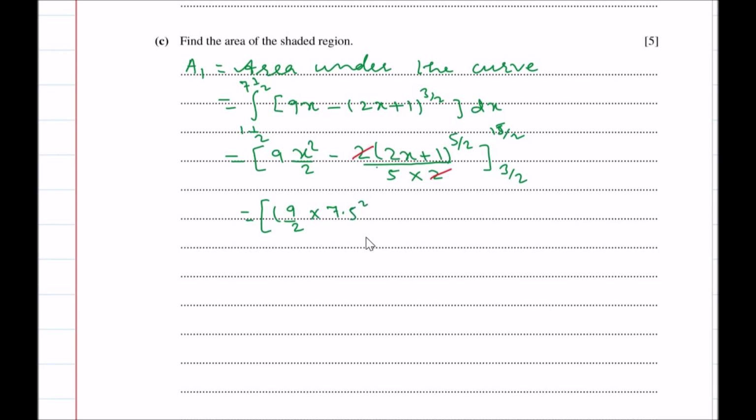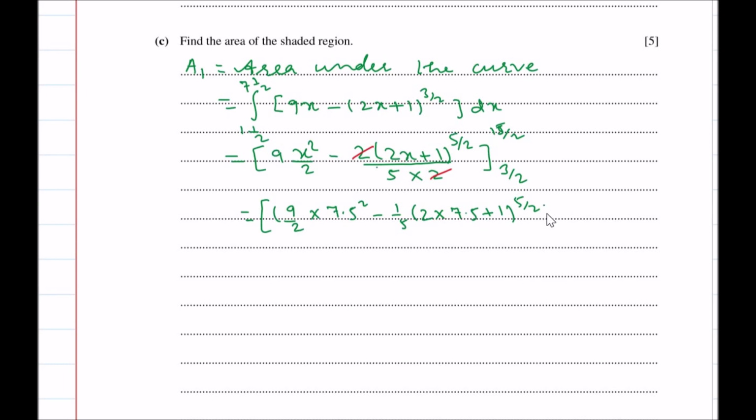Becomes easier to write, minus 1 by 5 into 2 into 7.5 plus 1 to the power 5 by 2.